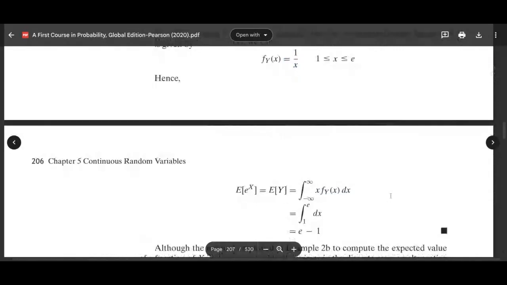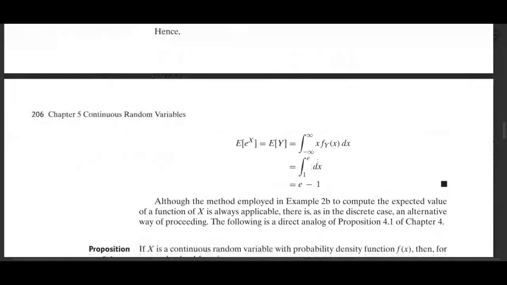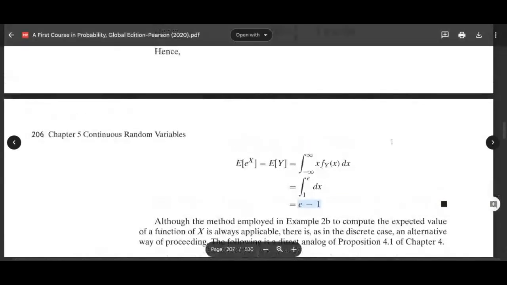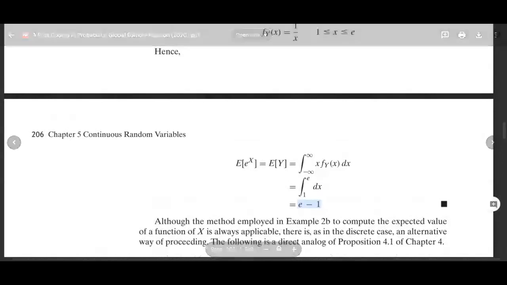X times 1 over x just becomes 1, right? So the density of y at x is 1 over x, and x times 1 over x just becomes 1. That's why we don't have any integral in here. So that's just e minus 1. Okay, this question is cute, isn't it? Anyone has any questions?